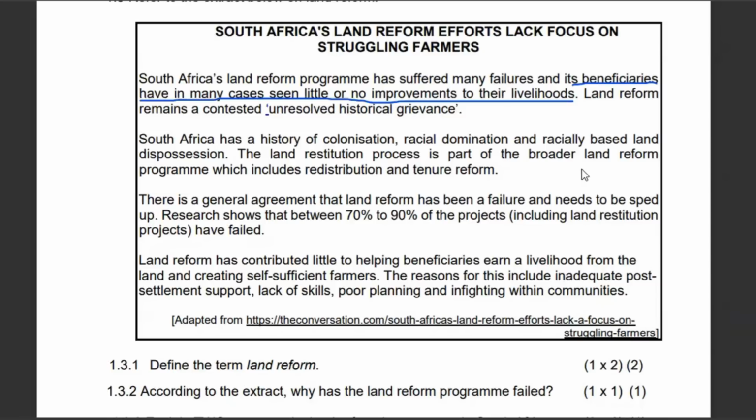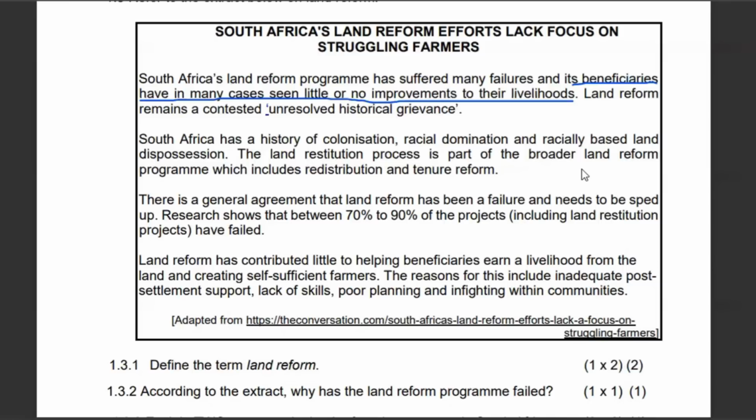Which means if land reform is meant to benefit people and the people are not seeing any improvement in their lives, it means the process has ultimately failed to achieve its purpose. So we are saying it has failed for that reason, that the land beneficiaries have not seen any improvements in their lives.